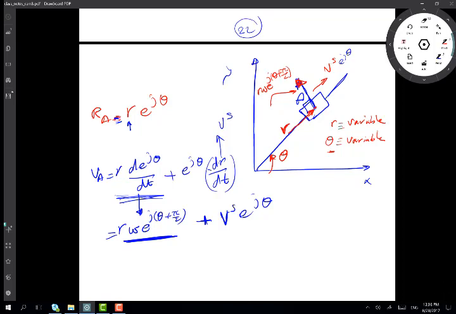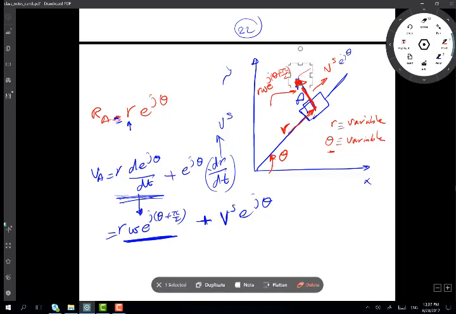So I get the slider doing this vertical component with the link on which the rotation occurs, and doing its own Vs over and above that.